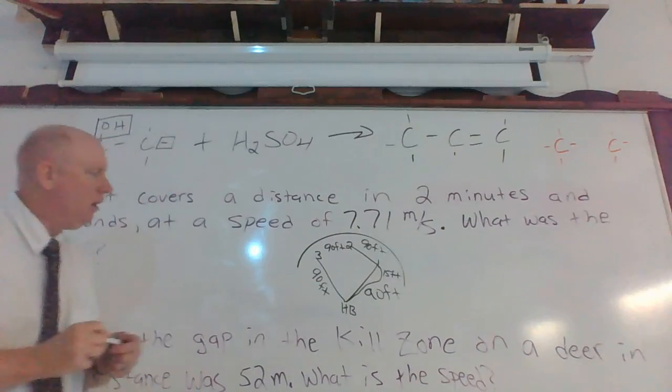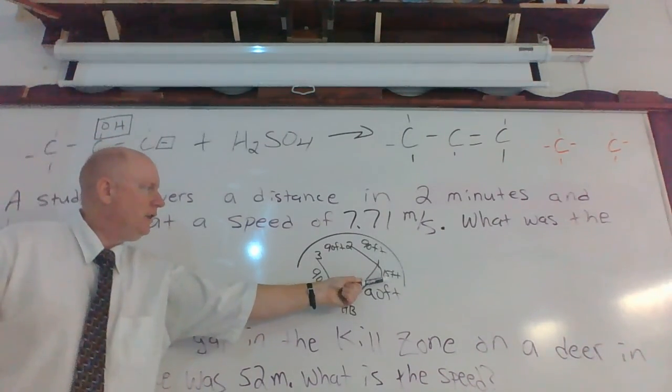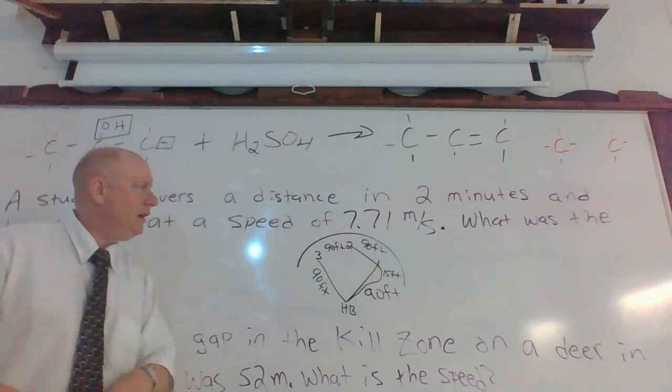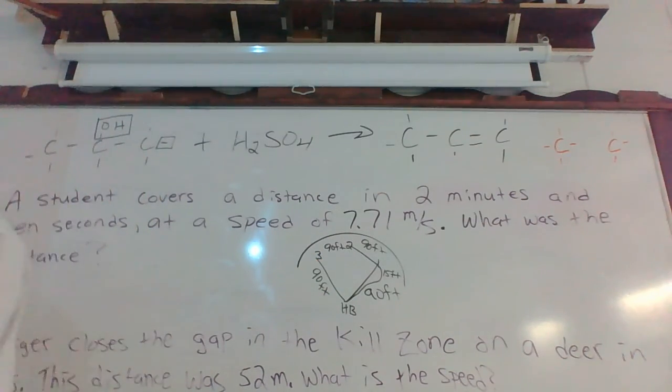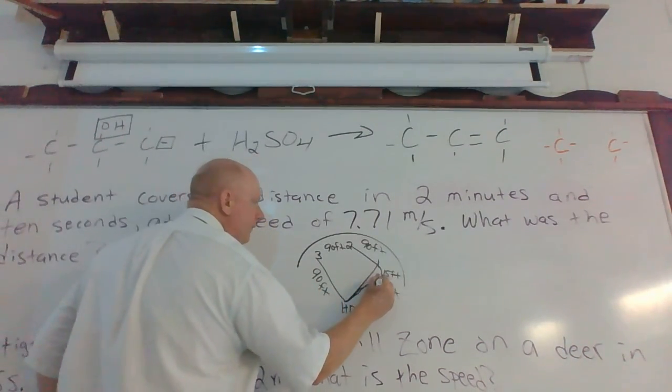So when we add these together, 90, 15, and then another 90, which is what, 205? 195. Is anybody just totally lost? So this is the distance that was traveled, right here.